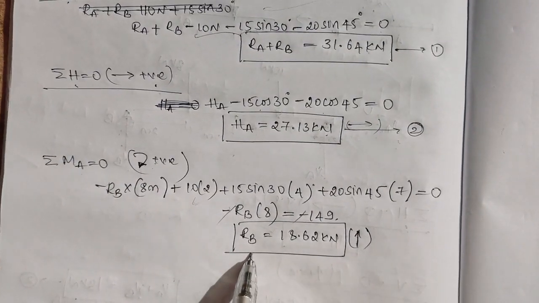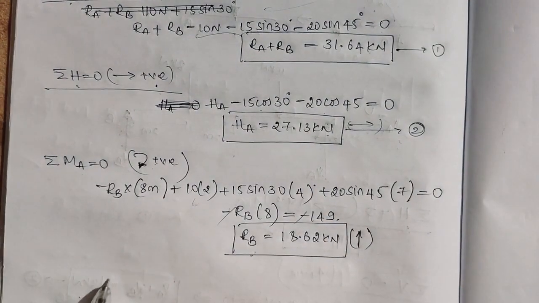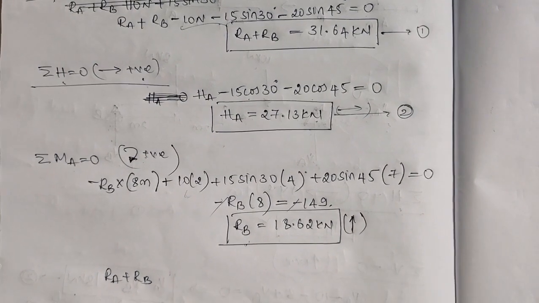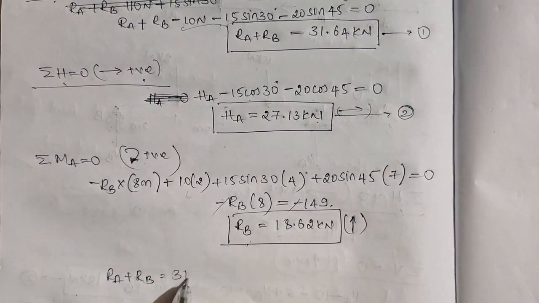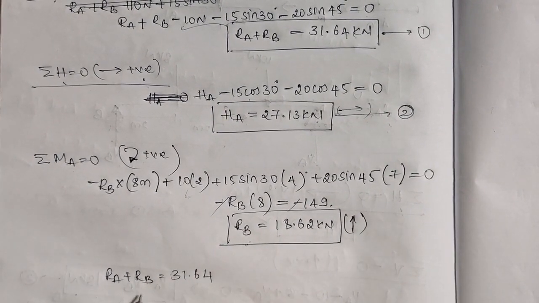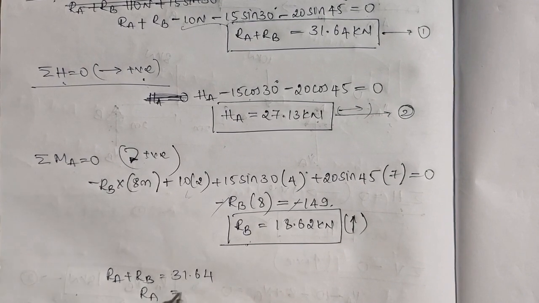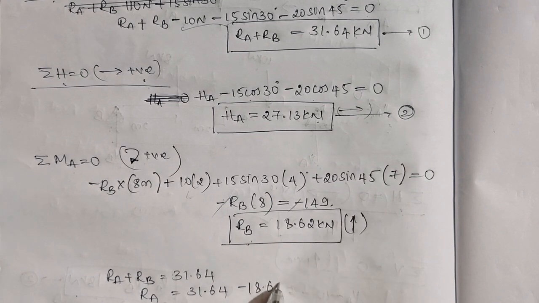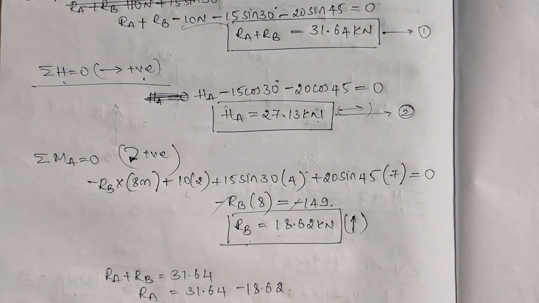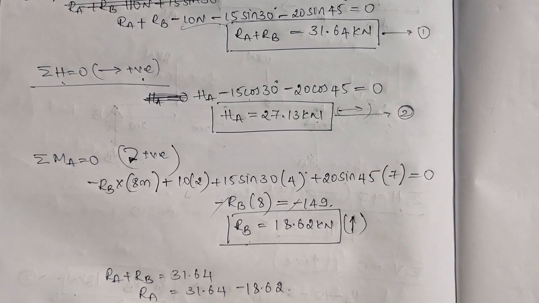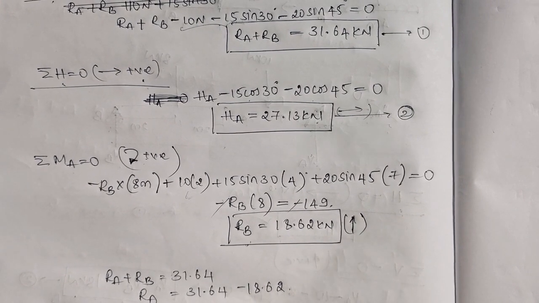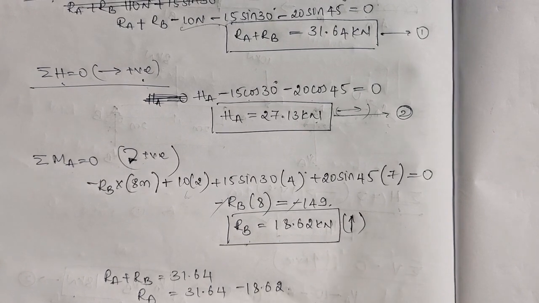Then substitute this RB in equation 1. So RA plus RB is equal to 31.64. So RA is equal to 31.64 minus 18.62. Then our RA will be 13.02 kilonewton.